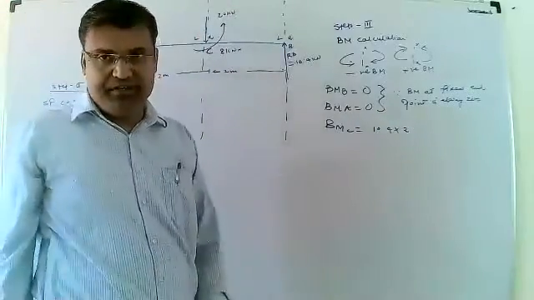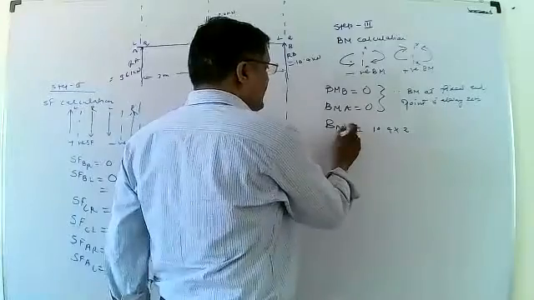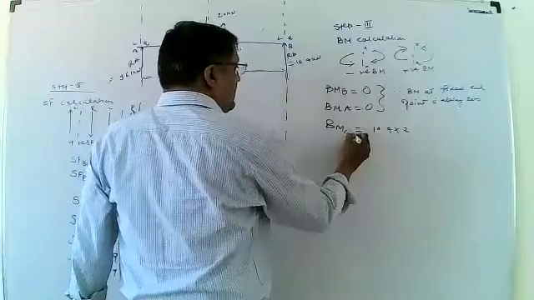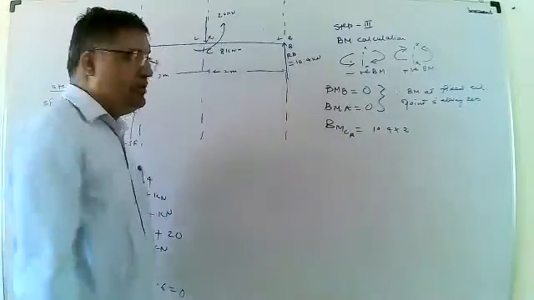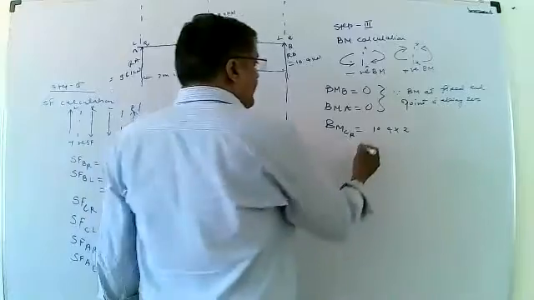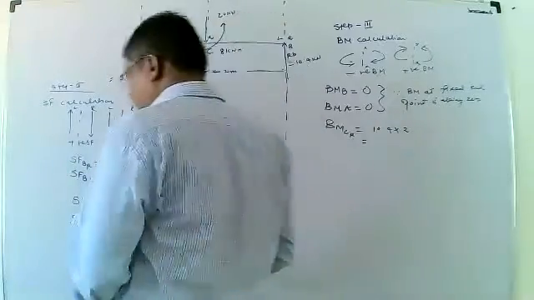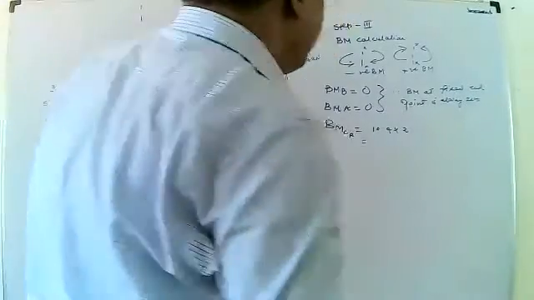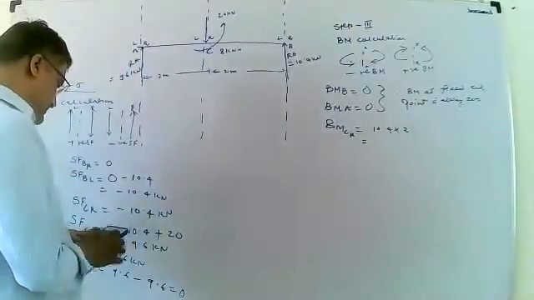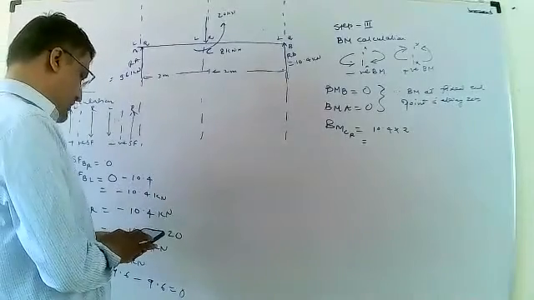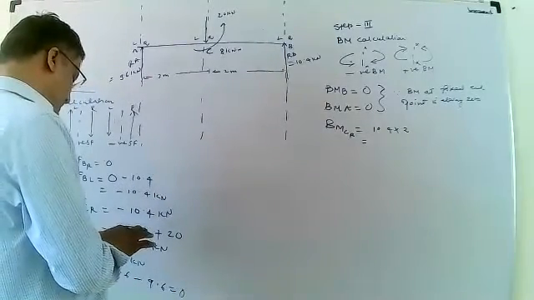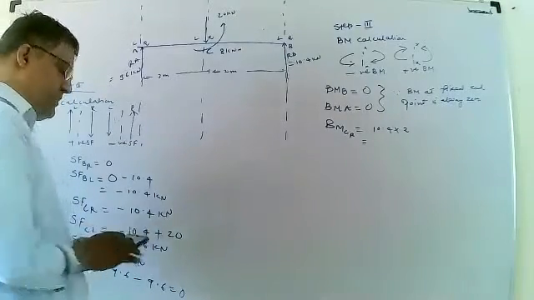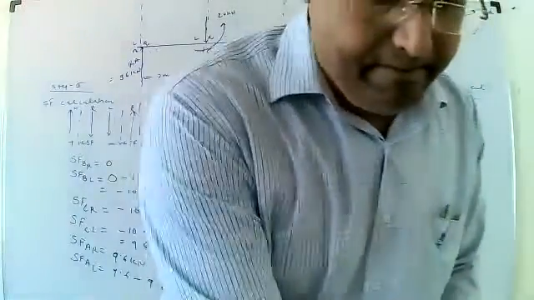That will consider two section at the point C. Bending moment at the C on right side, okay. Then value will be 10.4 into 2. I will just do the calculation. 10.4 into 2, 20.8.